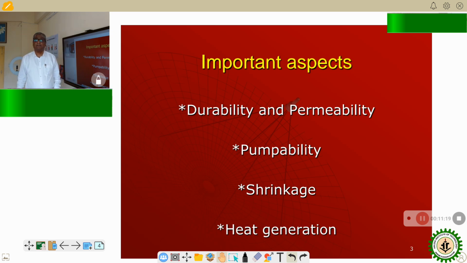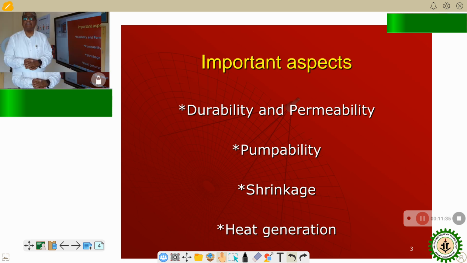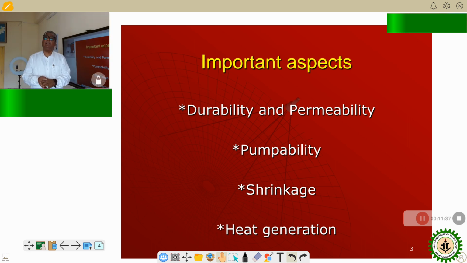It's difficult, but it is not impossible, because people are using different types of viscosity modifying admixtures, and they are keeping the viscosity at a particular level, which brings all the particles together, and it remains at the same level of cohesiveness, and then you are pumping to the top.